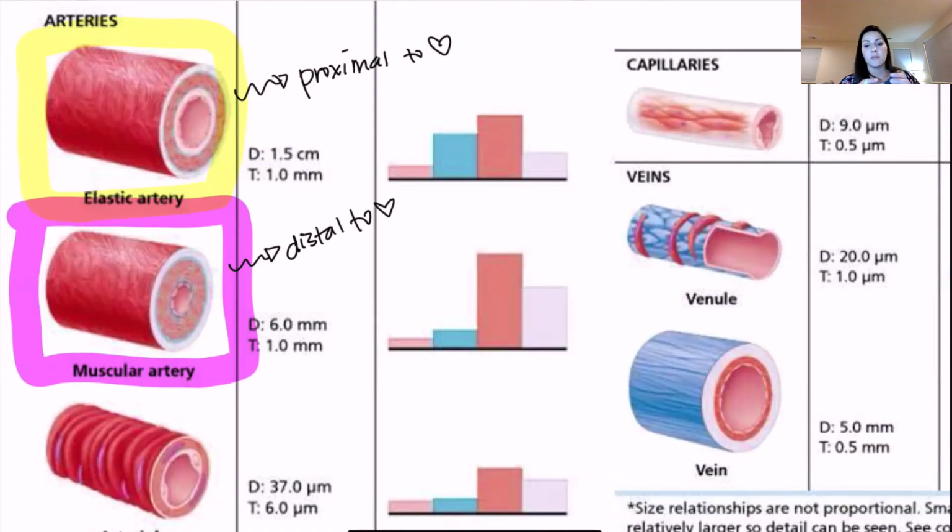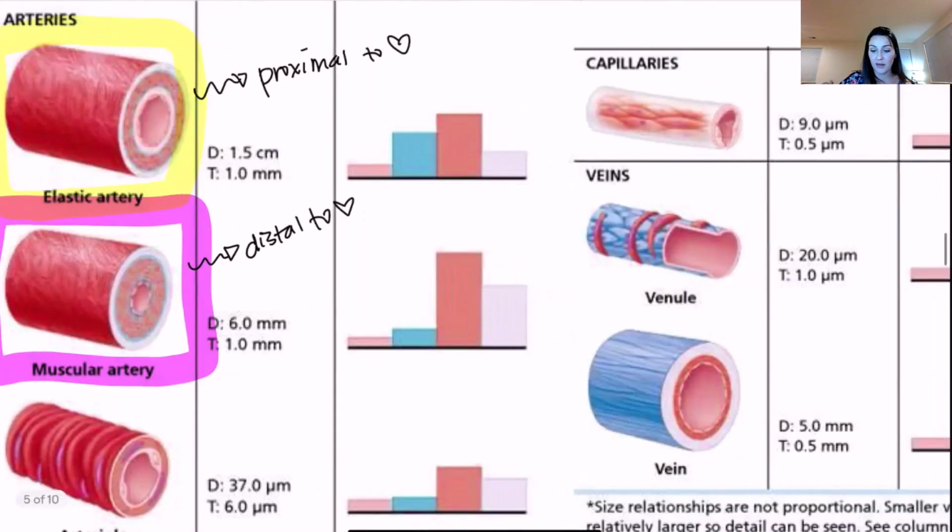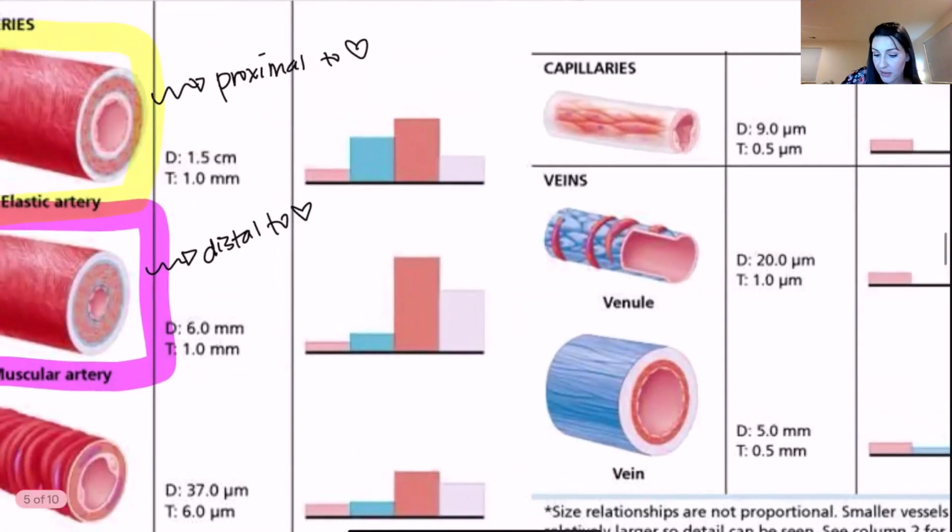Veins, because they have a bigger diameter, usually have less pressure in addition to that. Because they have less pressure, sometimes veins need help in getting blood back to the heart, and so veins have valves.